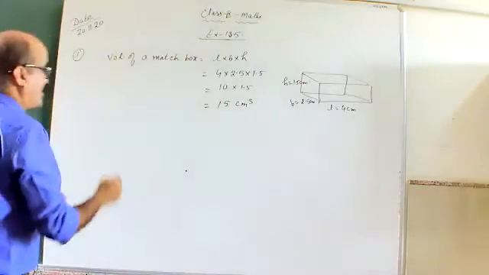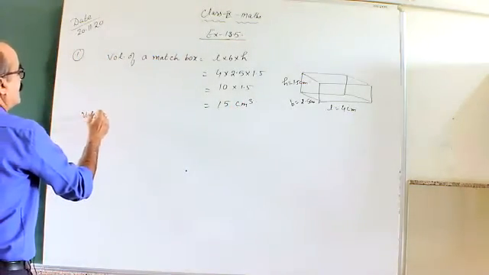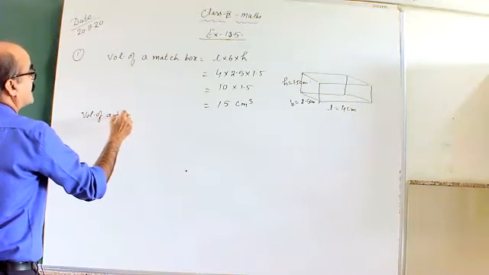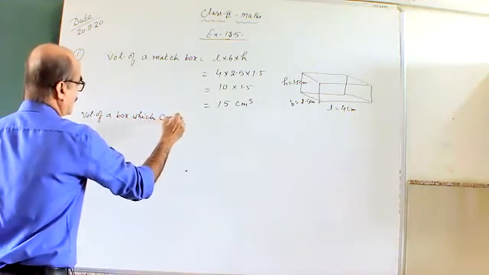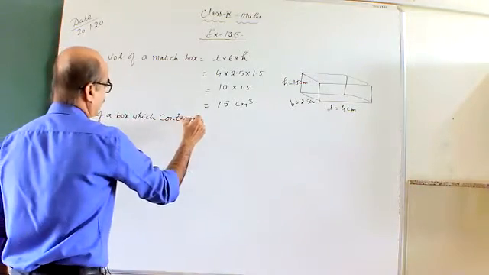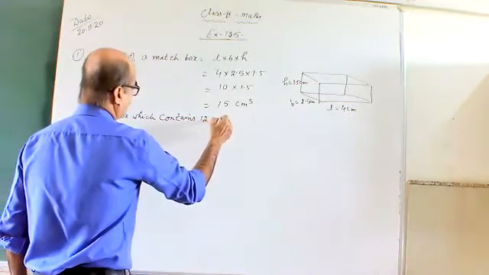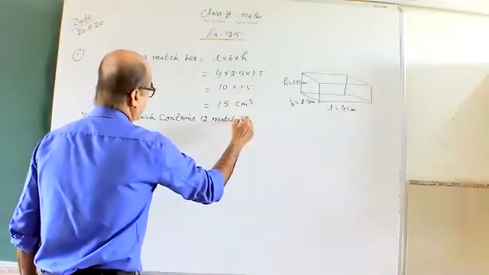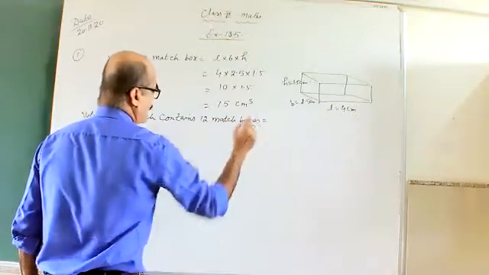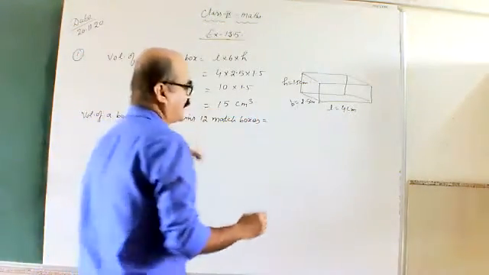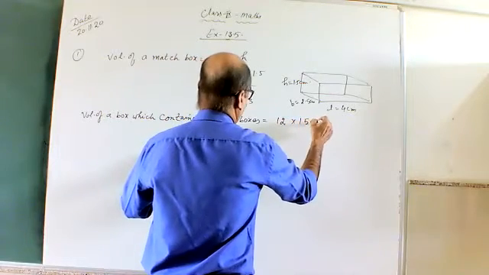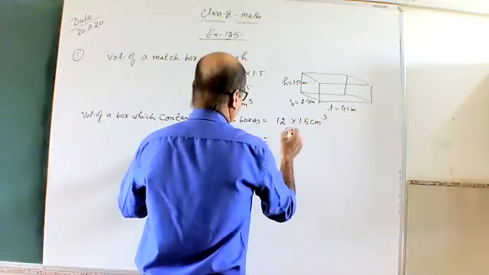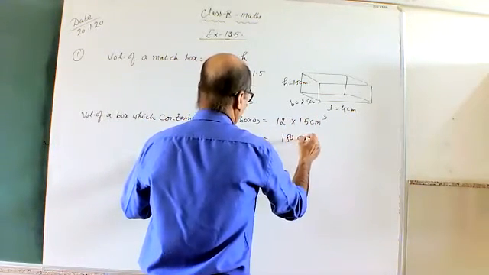And the volume of a box which contains 12 match boxes will be multiplied by 12. So that is 12 into 15 centimeter cube, which is 180 centimeter cube.